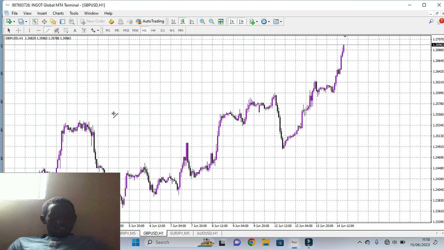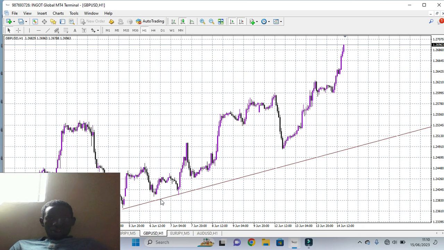So you can see here, we can draw our trend line from this point here, so that may act as our support point, because in an up trade you basically need to use the downward trend line.